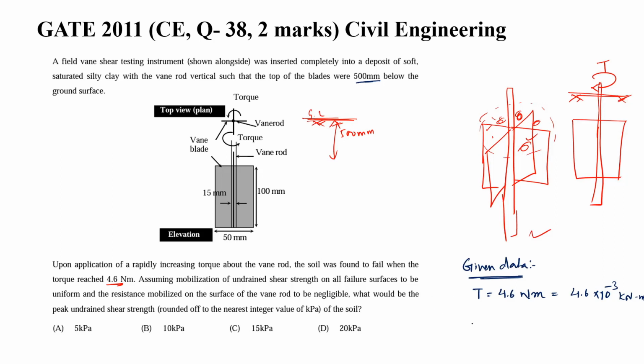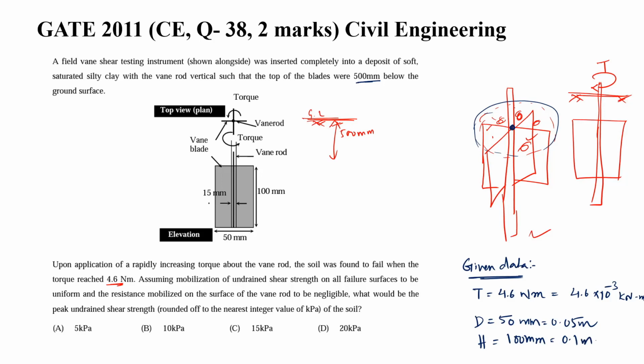The diameter of the soil plug which will form when you rotate is equal to 50 mm, so 0.05 meter, and the height of the blade is 100 mm, so 0.1 meter.